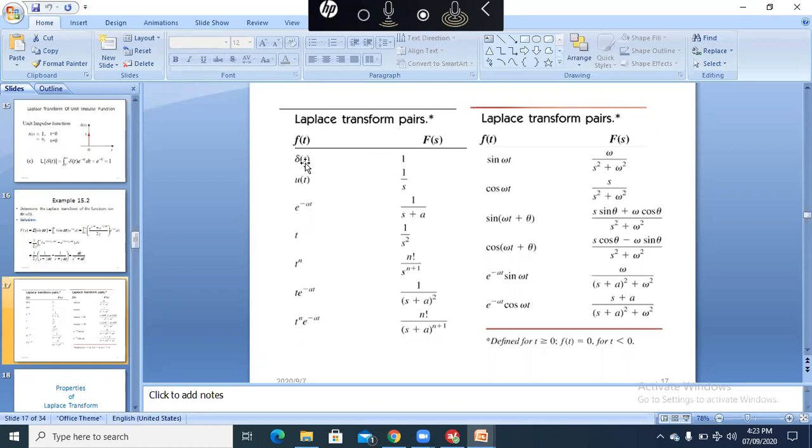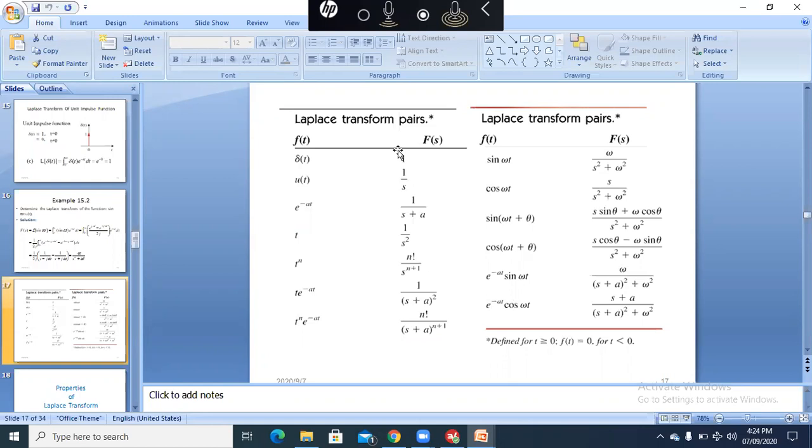These Laplace transform values we have calculated: delta of t is 1, u of t is 1 by s, e to the minus at is 1 over s plus a, and for other values we have the values given in the table. Also, we calculated the value for sine omega t, and cos omega t, and for all other functions we can find the value as given in the table.